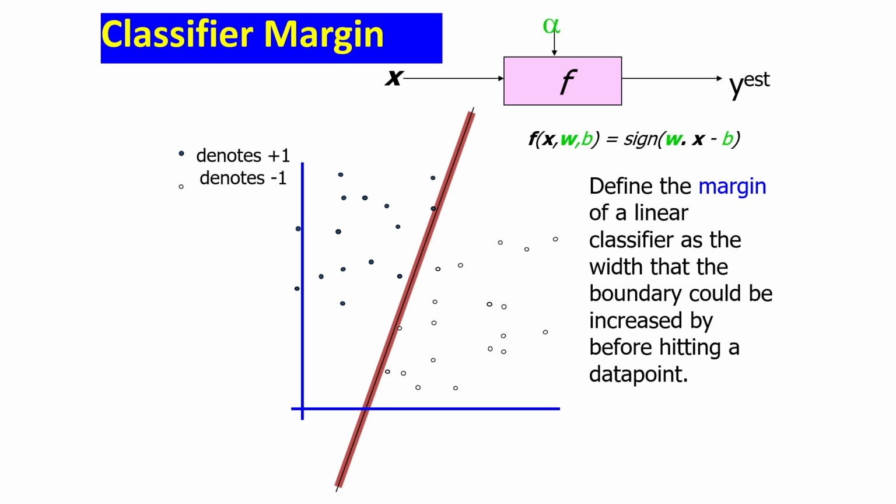So, one side can be positive, the other side negative. Here the top one is positive, plus 1, and the bottom side is negative. The road is drawn in such a way that it touches some of the positive points and some of the negative points. You can see that, correct. These points are sitting at the boundary of the road, or we call it the gutters of the road.